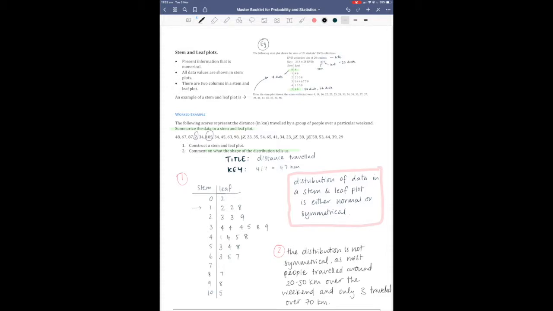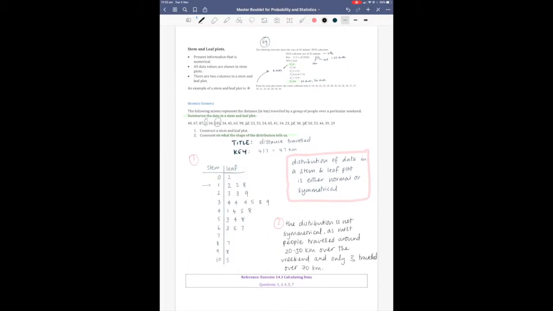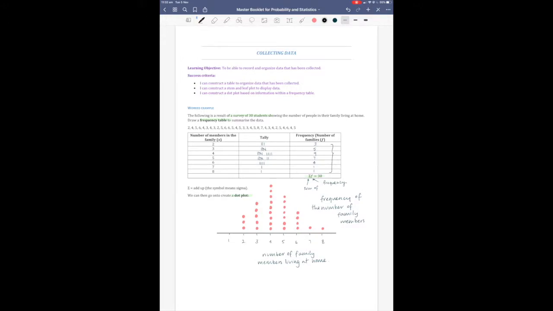So that is all on constructing stem and leaf plots. And then also going back to frequency tables and dot plots. Again, make sure when you are constructing these things, you always have a legend and titles, so that if anyone were to look at this data and they didn't have the mathematical background, or they weren't able to break down what a dot plot or a stem and leaf plot is about, they should be able to, by looking at what you've presented, identify what the data represents.